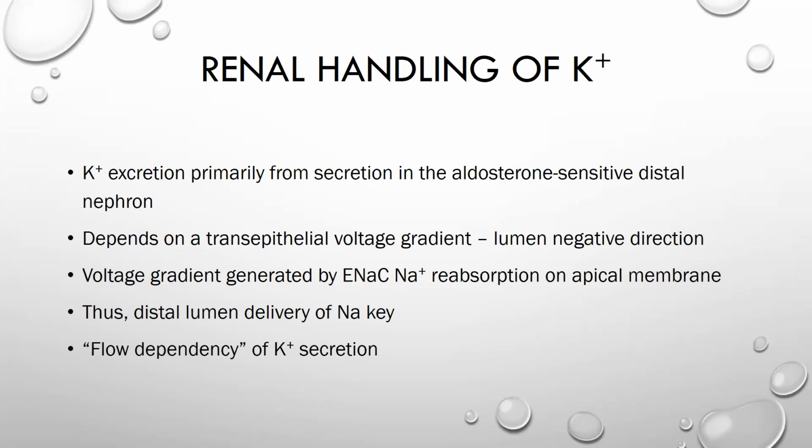If you keep the lumen on the urine side electronegative, your potassium is drawn towards that. And how do the kidneys maintain that? It's by the ENaCs, in reabsorption of your sodium in the distal nephron. Therefore, distal lumen delivery of sodium is actually key.